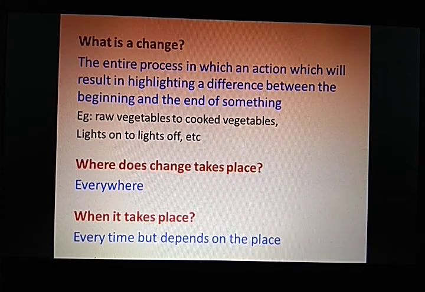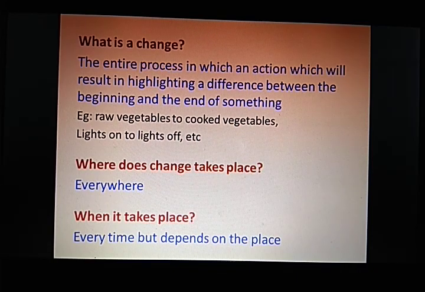Now we have understood what a change is, right? Okay. The next question, which is very common, or rather obvious to ask, is where does this change take place? We have understood what a change is. Now, at what specific location does this change take place? The answer is everywhere.